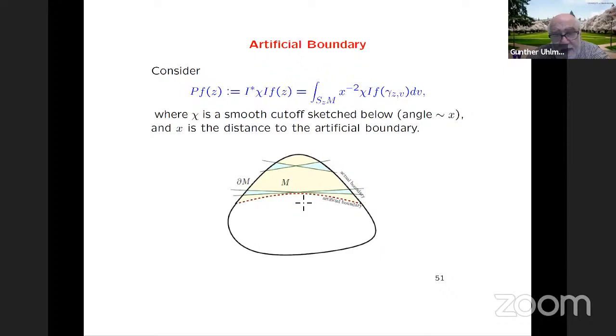Why is it called scattering? Because you change x to 1 over x. So instead of taking the distance to the boundary, you're going to infinity. So it's like a scattering problem, going to infinity by changing x to 1 over x. So this is 1 over x squared.